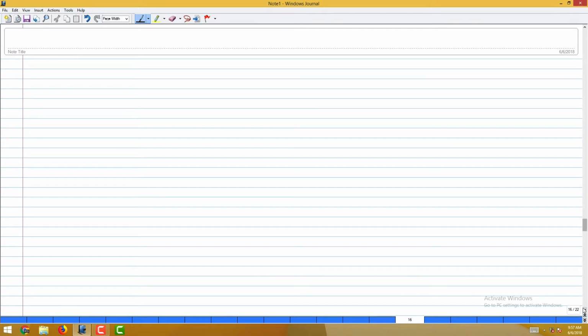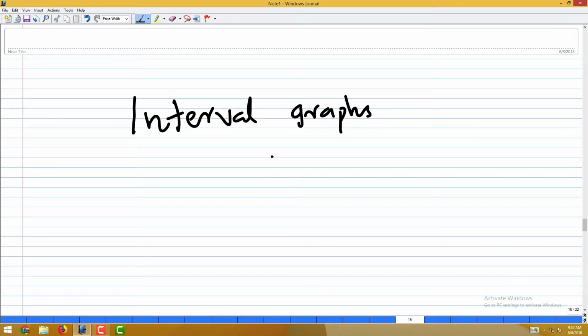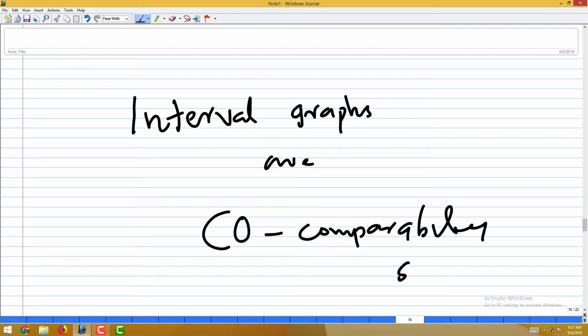What we say is that interval graphs are co-comparability graphs, meaning complements of comparability graphs, only a subclass of co-comparability graphs. Not all co-comparability graphs are interval graphs, but all interval graphs are co-comparability graphs, complements of comparability graphs.